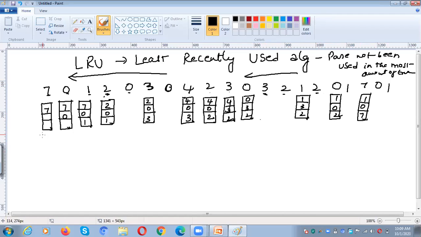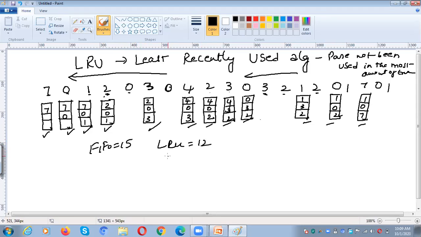So the number of page faults: 1, 2, 3, 4, 5, 6, 7, 8, 9, 10, 11, 12. So if it is LRU, the number of page faults are 12. Okay. If it is FIFO, same example, number of page faults are 15.